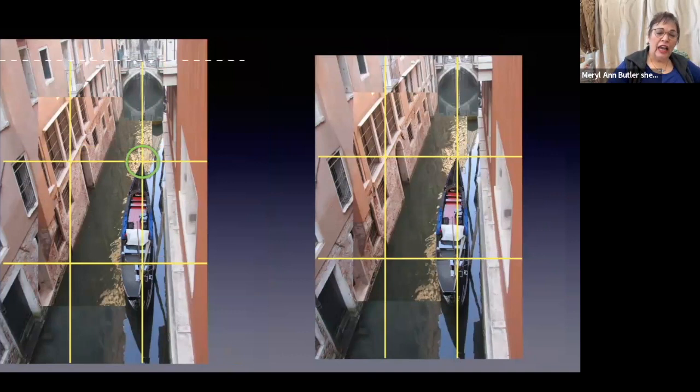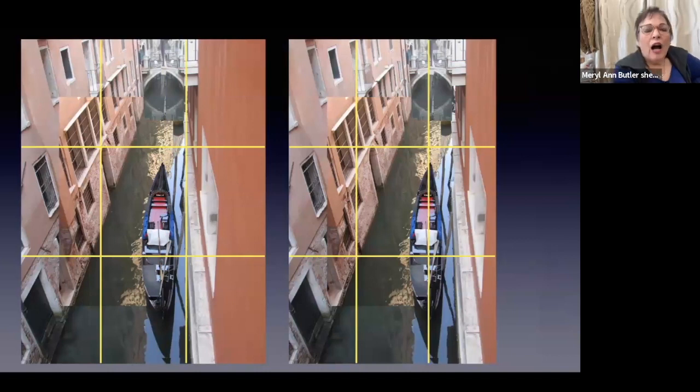Now, what we're going to look at is, let me go back. On the right, the top horizontal yellow line is above the point of the front of the gondola.